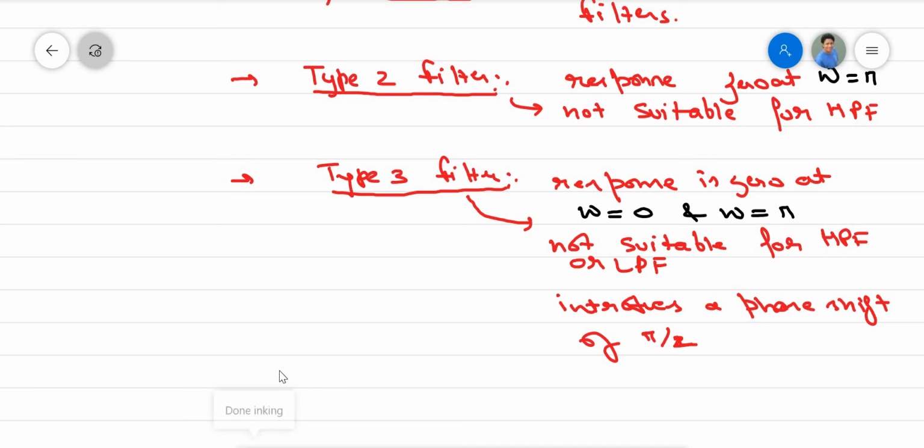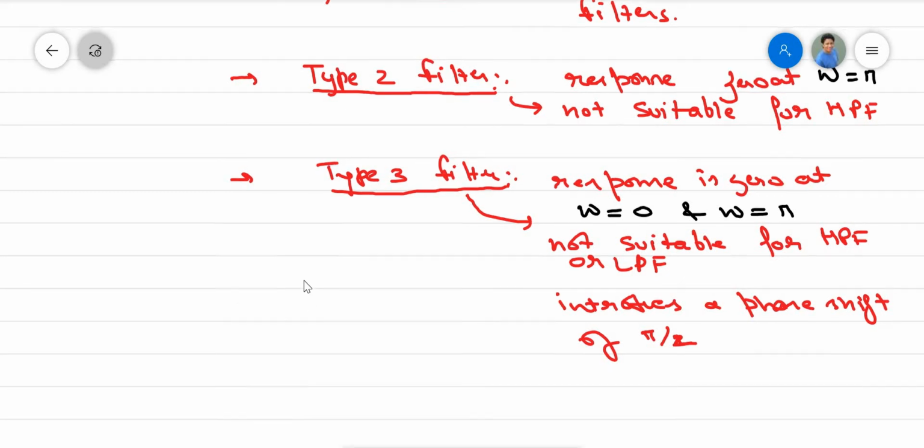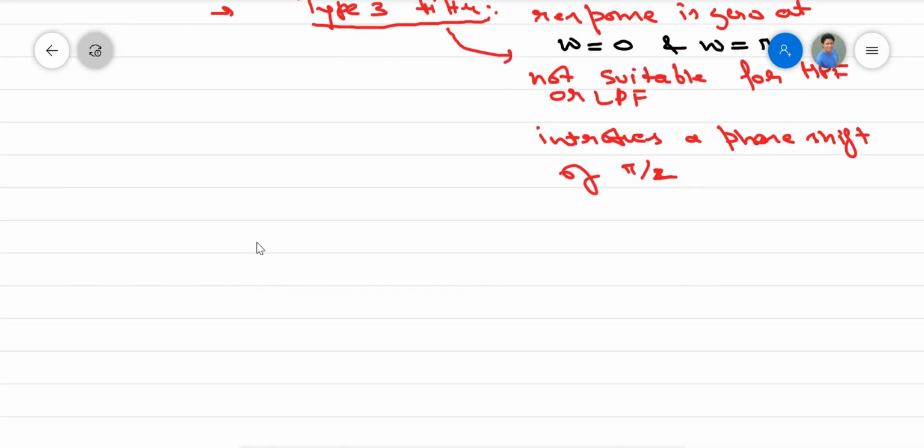Now another case is type 4 filter. We have already seen these kinds of filters, so we are just summarizing the particular relations to get the most out of them.